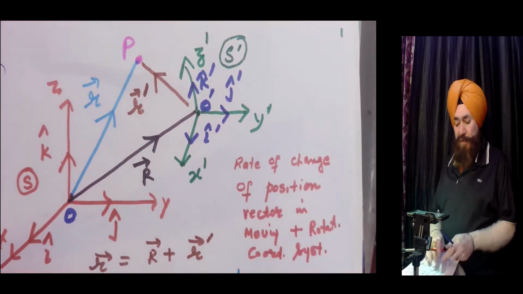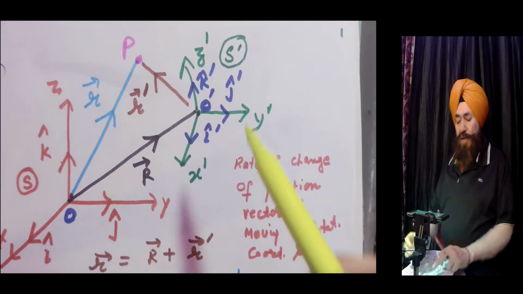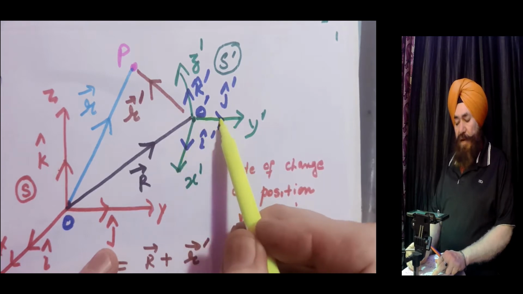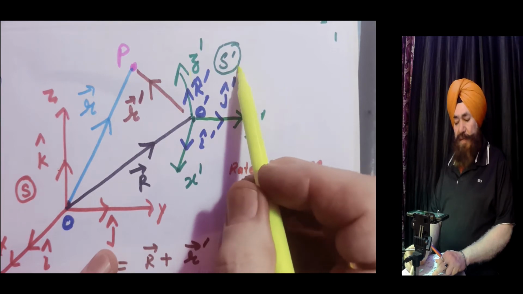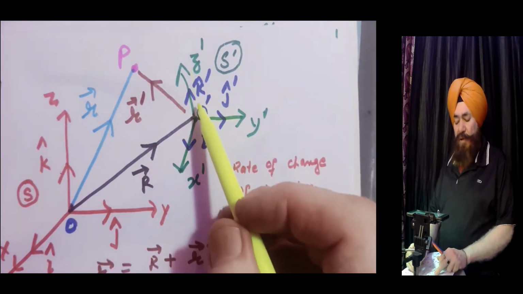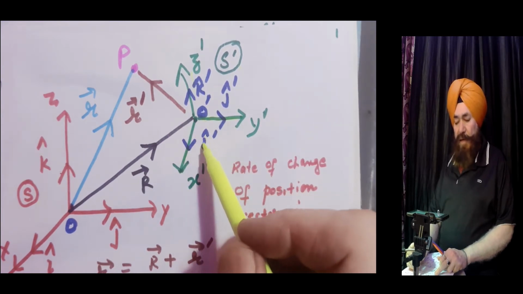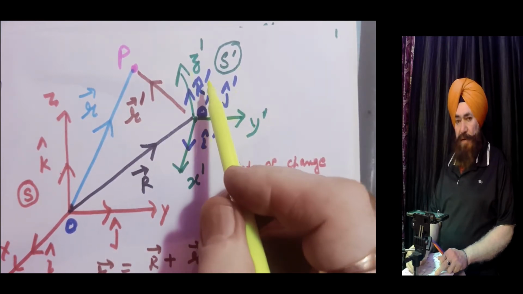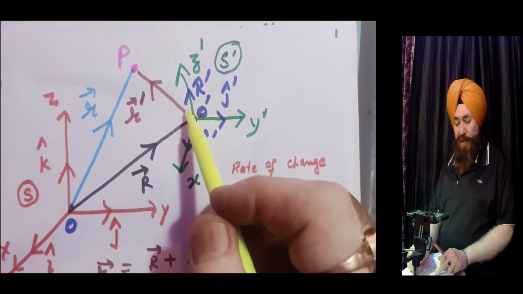There is another frame, shown in green color, with x dash, y dash, z dash. This is frame S dash, and this is frame S. In our green frame, the unit vectors are i cap dash, j cap dash, k cap dash. This frame is a rotating frame.